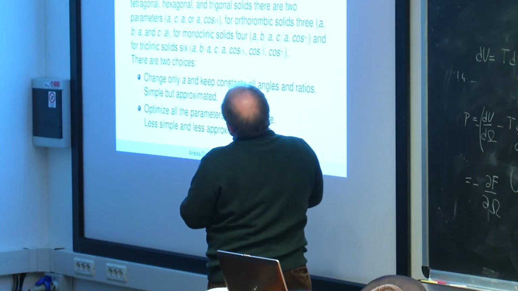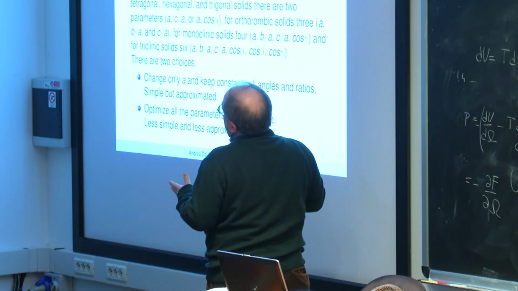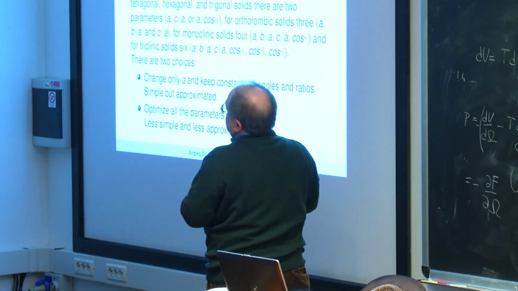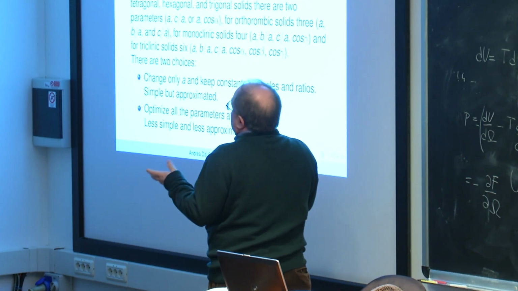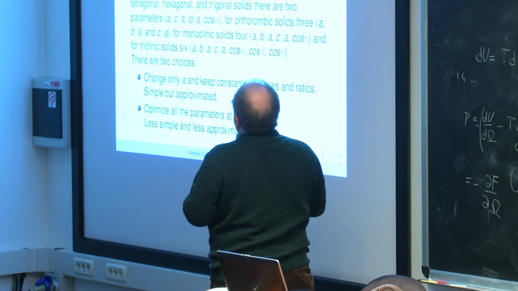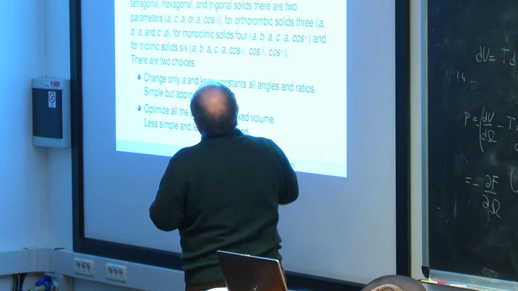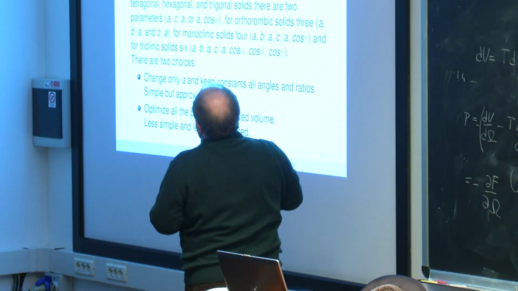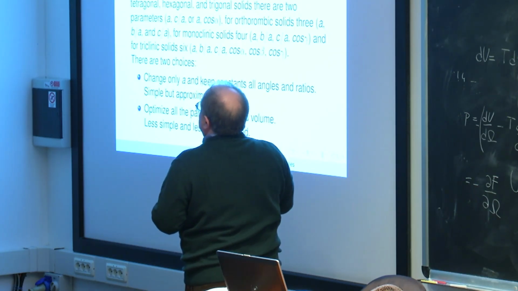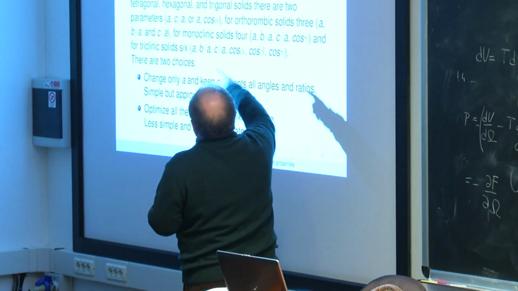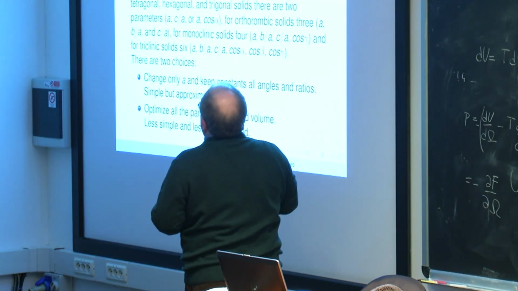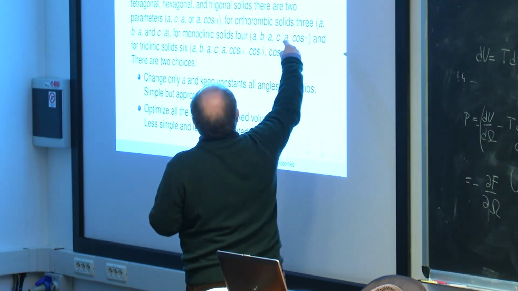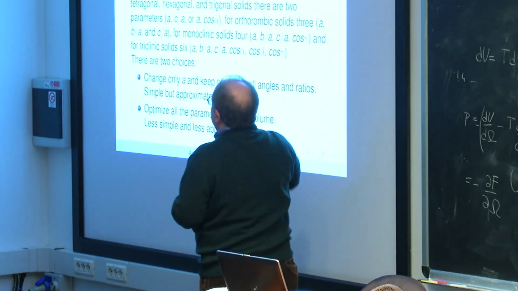In a cubic solid, to change the volume means changing the lattice parameter. And there is a one-to-one relationship between volume and lattice parameter. In other solids, for instance, tetragonal or hexagonal solids, you have two parameters, A and C. In a trigonal solid, you have A and the cosine of the angle, and so on. In an orthorhombic solid, you have three parameters.